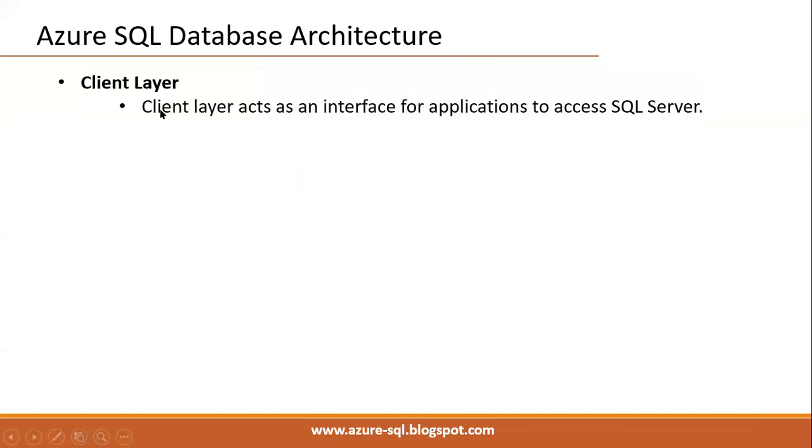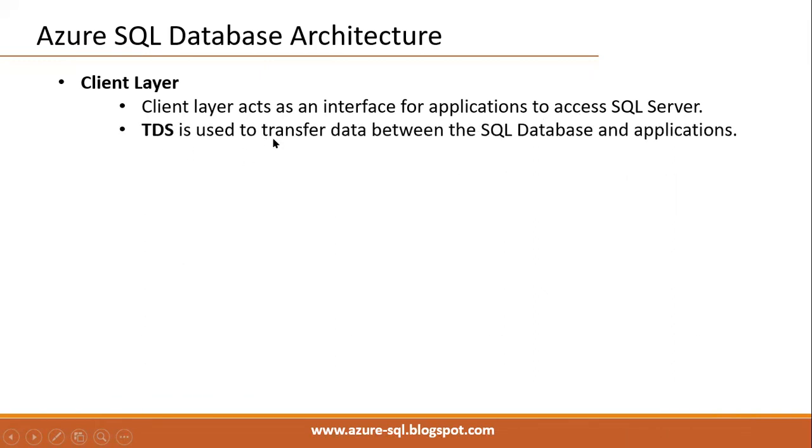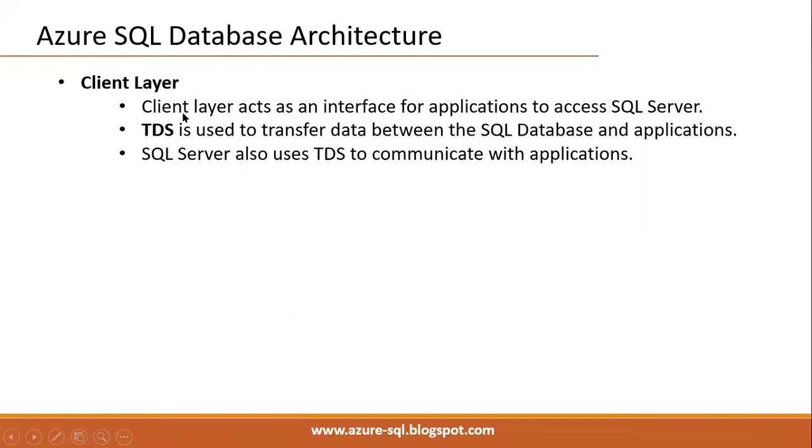The client layer we already know, which consists of the protocols. The client layer acts as an interface for applications to access SQL Server. TDS is used to transfer data between the SQL database and applications. Tabular Data Stream, which is our SQL native client.